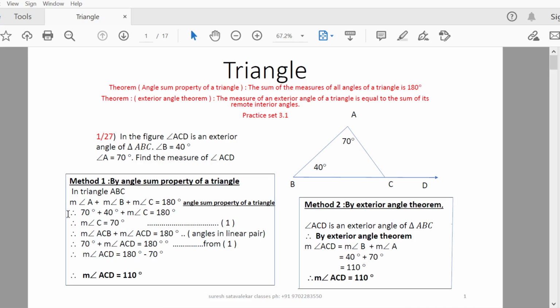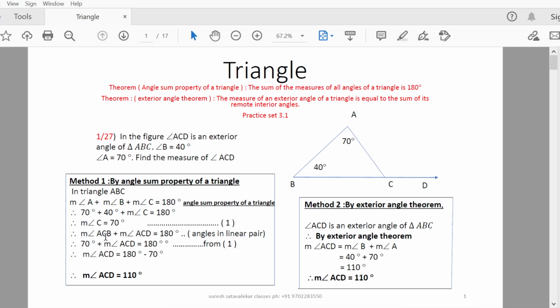Now 70 plus 40 is 110. If we subtract 110 from both sides, this will vanish, and 180 minus 110 comes out to be 70. So measure of angle C is 180 minus 70 minus 40, that is 70 degrees. So measure of angle C, that means ACB, is 70 degrees.